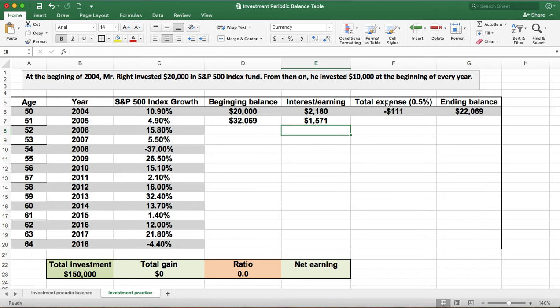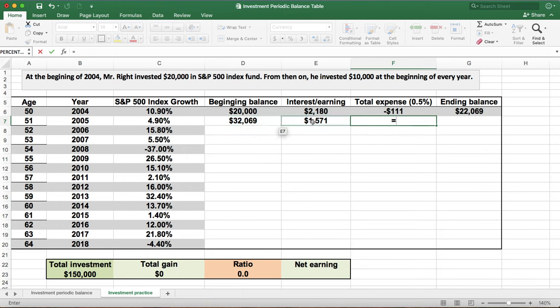And then the total expense is these two plus these two, and then times 0.5%. Oh, remember to put the minus sign on. And the ending balance is the sum of these three values.